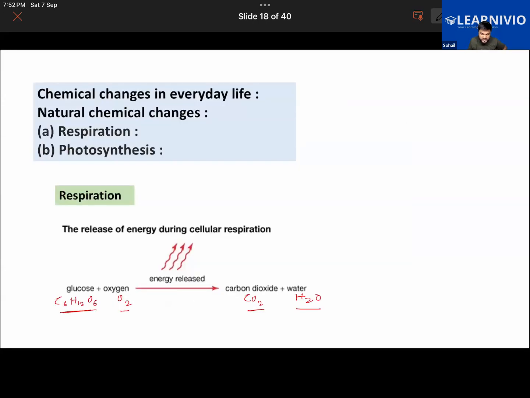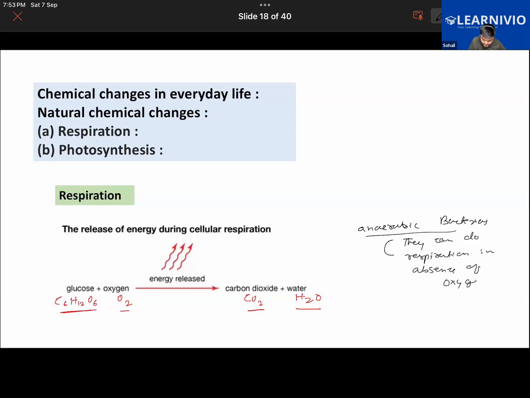In the case of respiration, this will be happening in every living organism. Now most organisms do respiration in the presence of oxygen, but there are some organisms, like some bacteria called anaerobic bacteria, that can perform the process of respiration in the absence of oxygen.